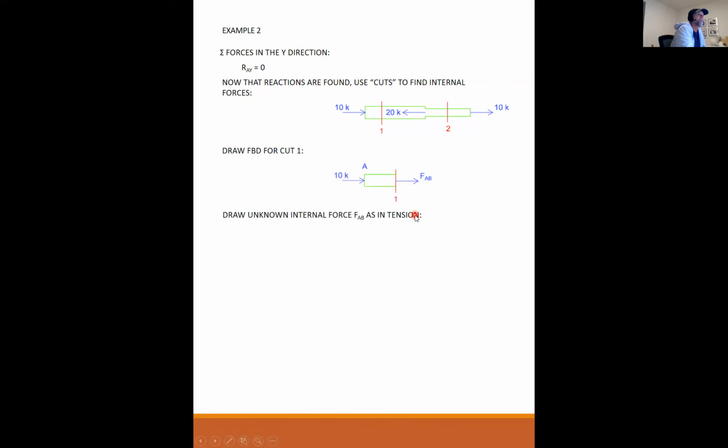It tends to work out better when you draw them in tension. Even if it's obvious that it's getting compression, go ahead and draw it in tension anyway. That way you keep your signs in the right direction.